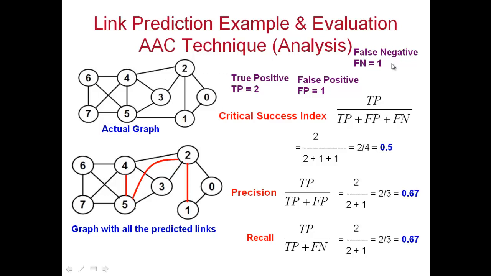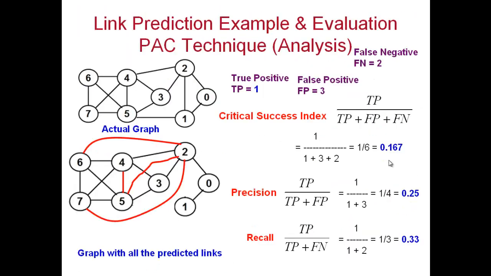False negative is also 1 because of the 3 links removed, 4, 5, 1, 2 and 1, 5: 4, 5 and 1, 2 are rightly predicted, 1, 5 was not predicted. So now the critical success index is 2 over 2 plus 1 plus 1. So it is 2 over 4, which is 0.5, much greater than the 0.167 we got with the PAC technique.